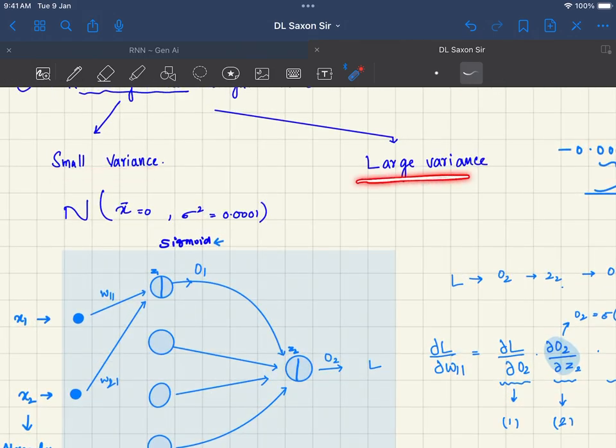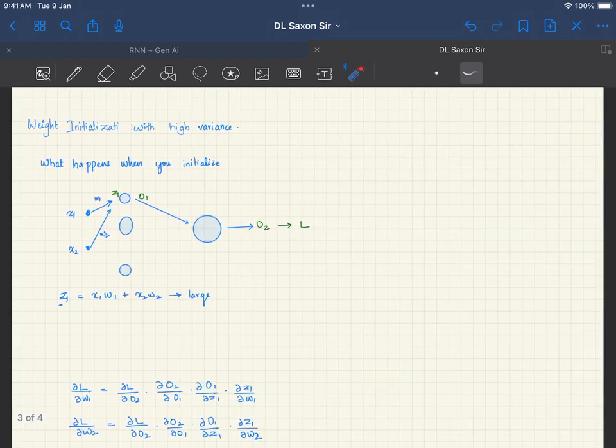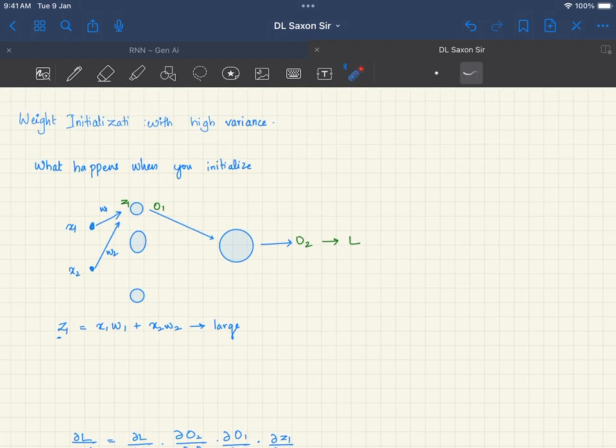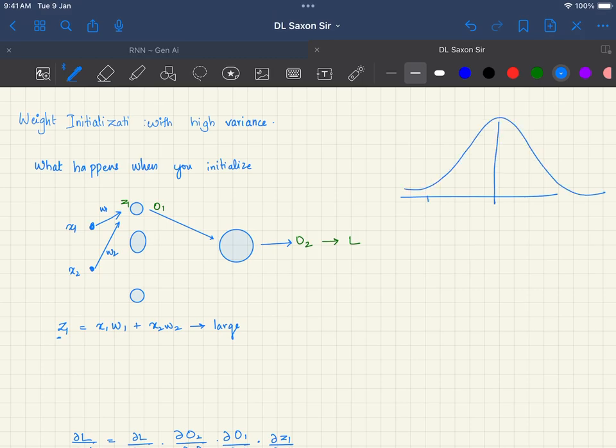So let's take large variance. Okay, let's take extremely large variance. We have a normal and we have extremely large variance. Let us assume 1 million variance.